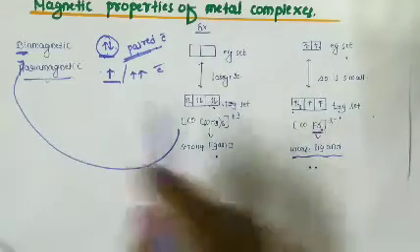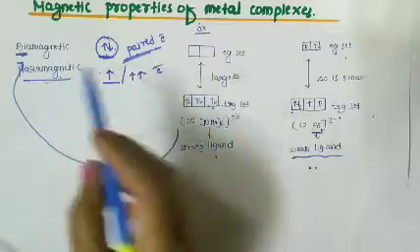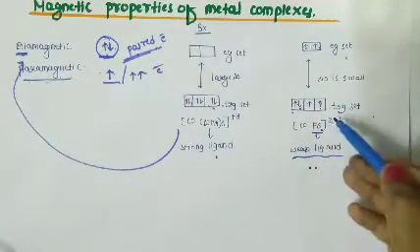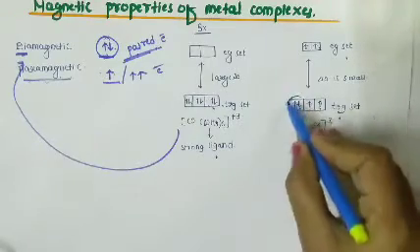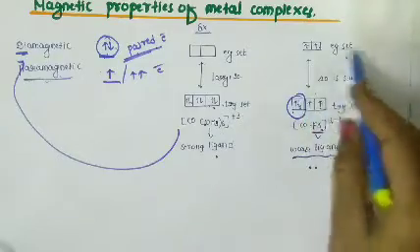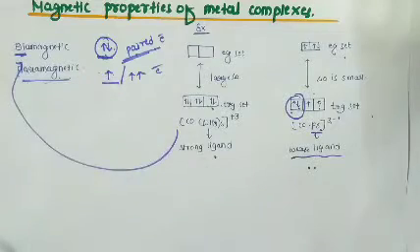So therefore it shows the paramagnetic property, because the paramagnetic property is that the substance contains one or more unpaired electrons. Compared to this, it contains many more unpaired electrons. So that's why it shows the paramagnetic property.